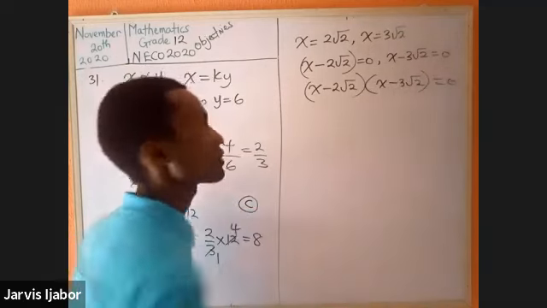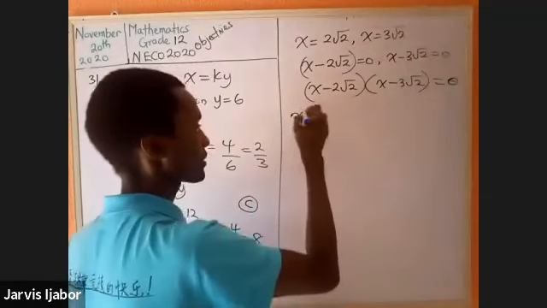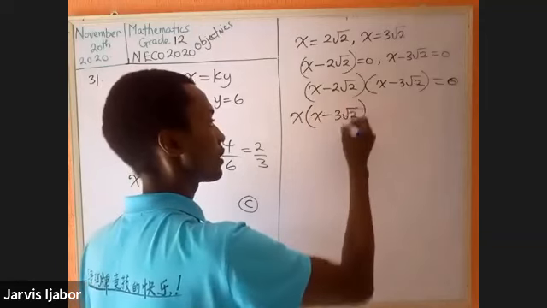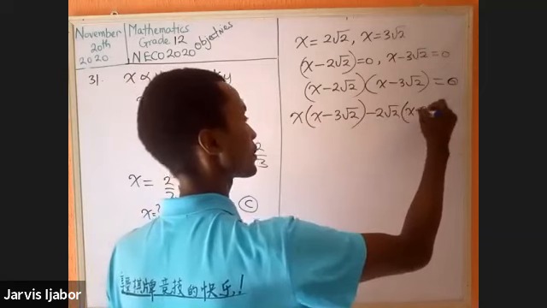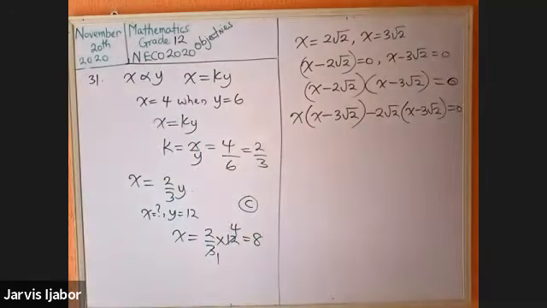I'm going to get 0 also. So x will now multiply x minus 3 root 2, and negative 2 root 2 will multiply x minus 3 root 2 equal to 0. So what happens?